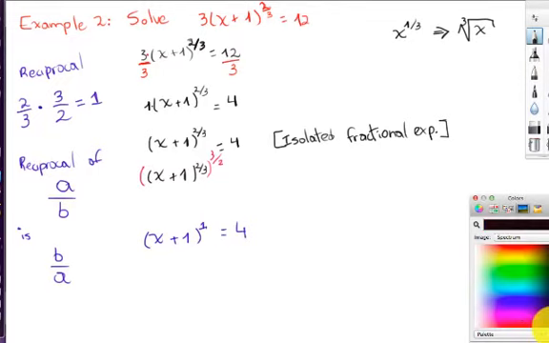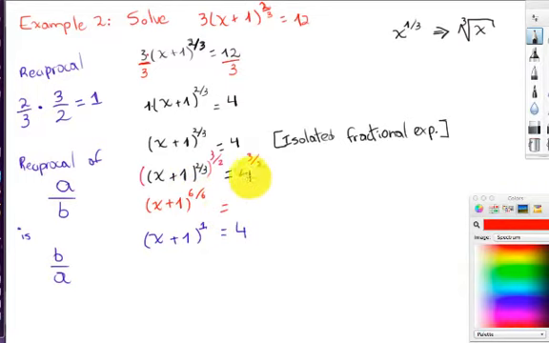And you'll see in a minute what it does. So since I did that to the left hand side, I'm going to do it to the right hand side. I'm going to raise 4 to the 3 over 2. And then what that's going to do is give me x plus 1 to the 6 over 6.